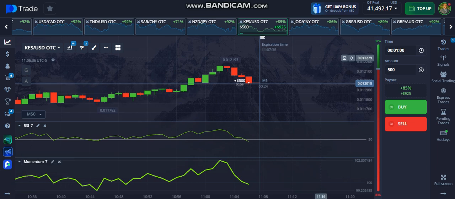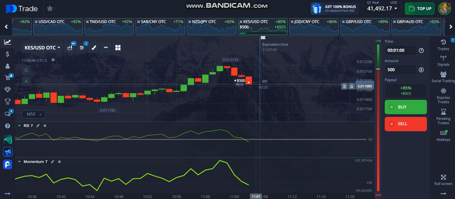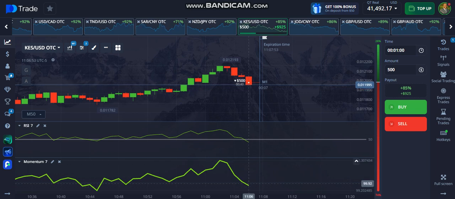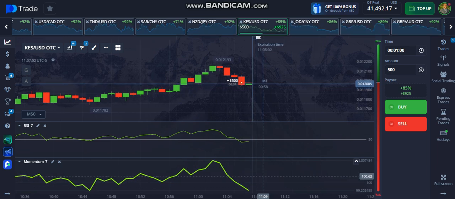Okay, so I'm on the KES USD OTC pair, and I just took a sell trade here. And the reason why I took the sell trade here is you see the RSI indicator just crossed below the 50 line on the indicator here. And in addition to that, the momentum indicator is showing us a negative slope on the line here, which suggests a strong downward movement in the momentum.